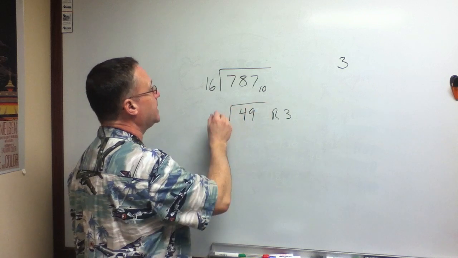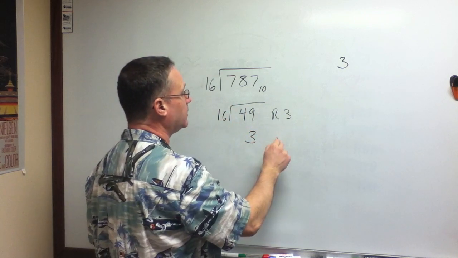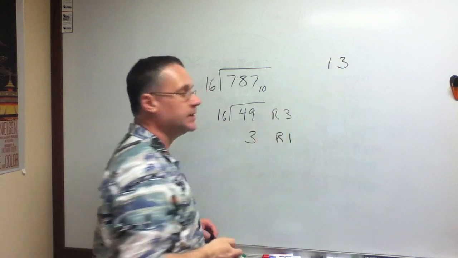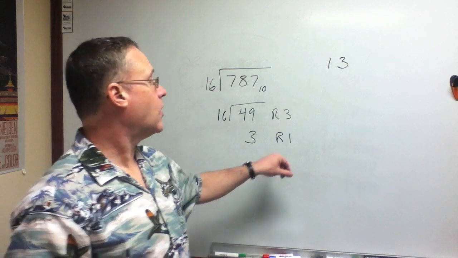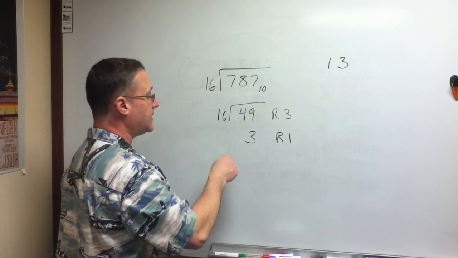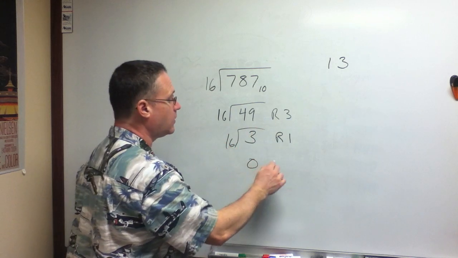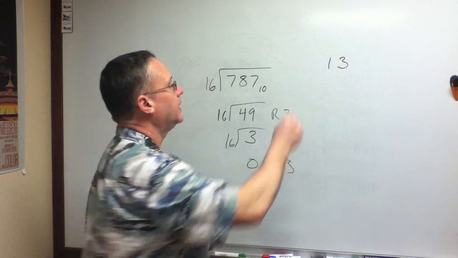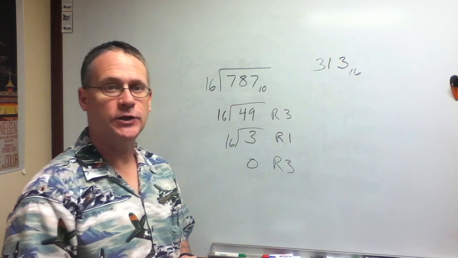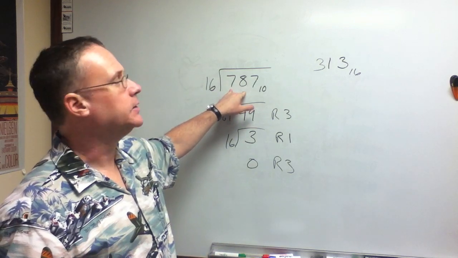Divide 49 by 16 again, and that would be 3 with a remainder of 1. 16 times 3 is 48. So 1 is the next digit in my hexadecimal representation. And then last but not least, if I divide 3 by 16, it's 0 with a remainder of 3. And so 3 up there finishes off my representation in hex. So 787 in decimal is equivalent to 313.